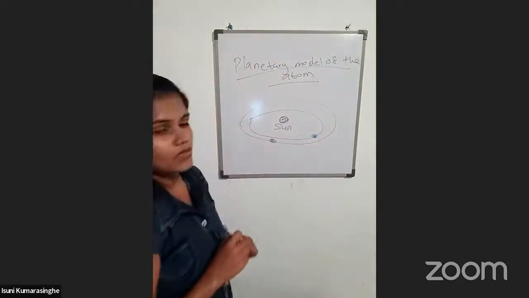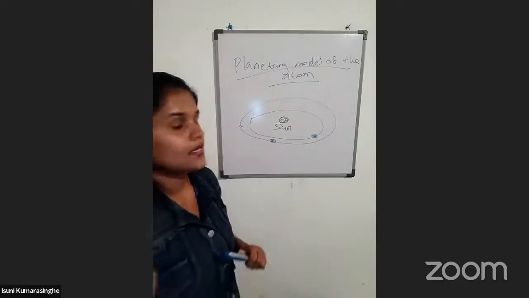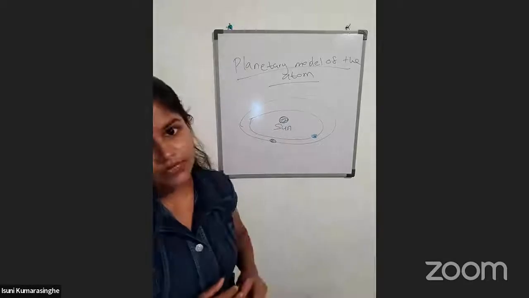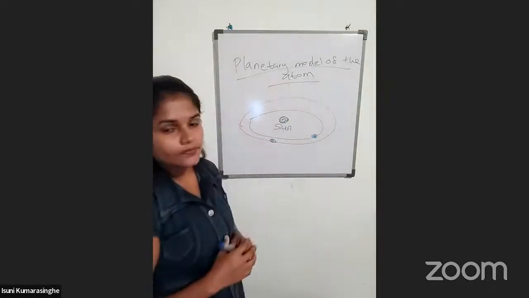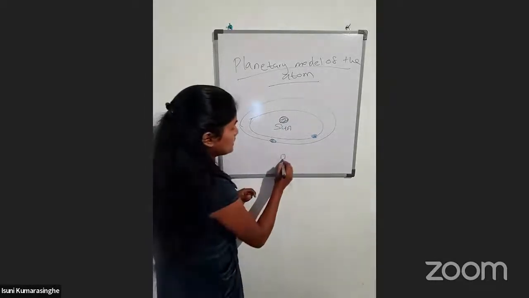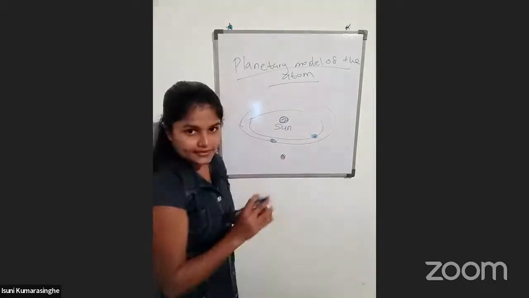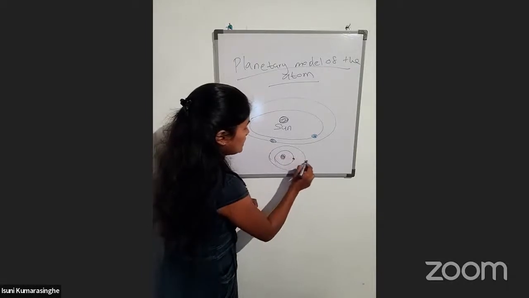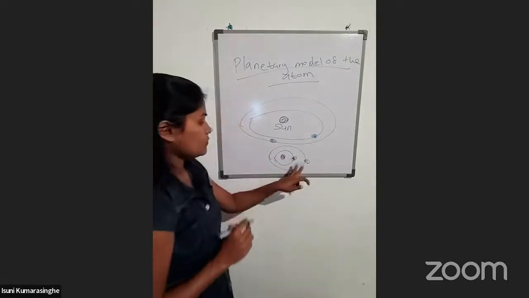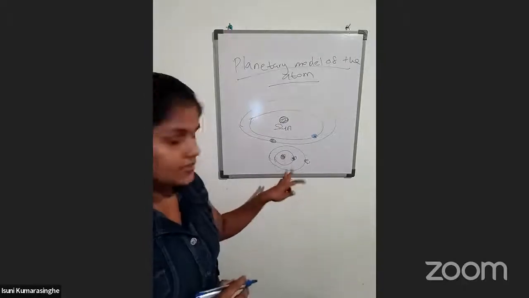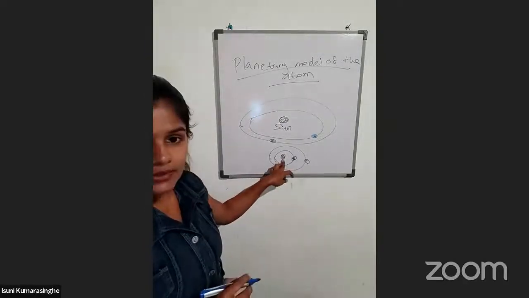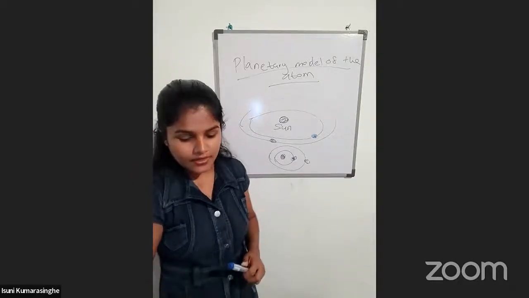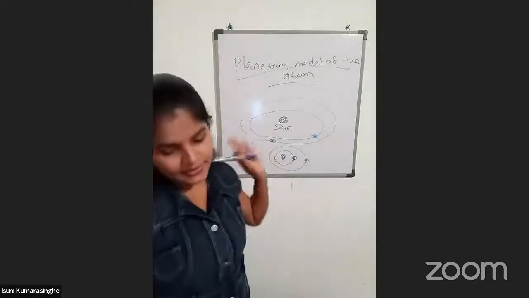Likewise, he applied this structure to the atom as well. Ernest Rutherford explained the nucleus in the atom. Electrons move in specific directions due to the force of the nucleus. That is why it is called the planetary model.